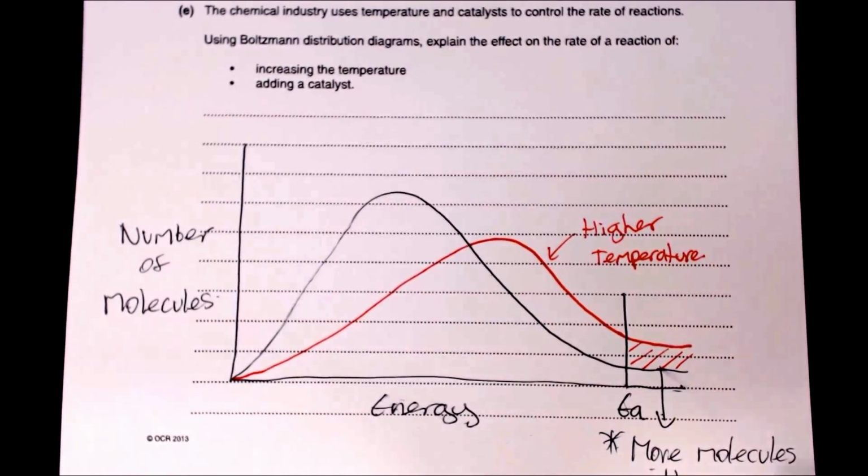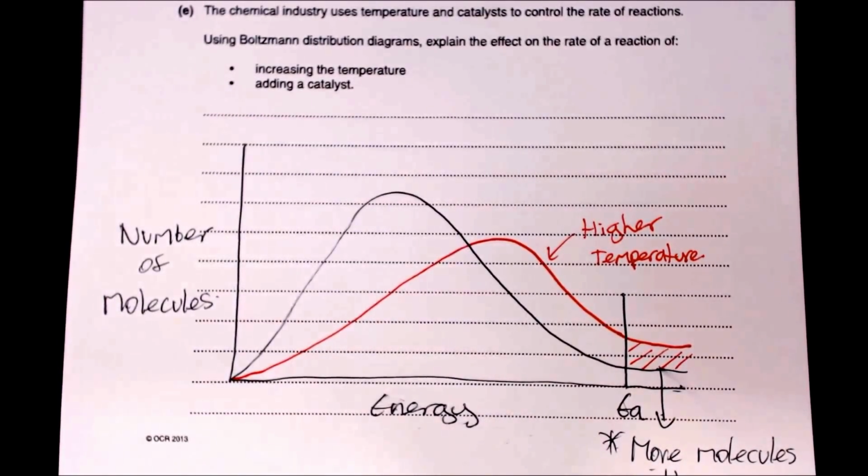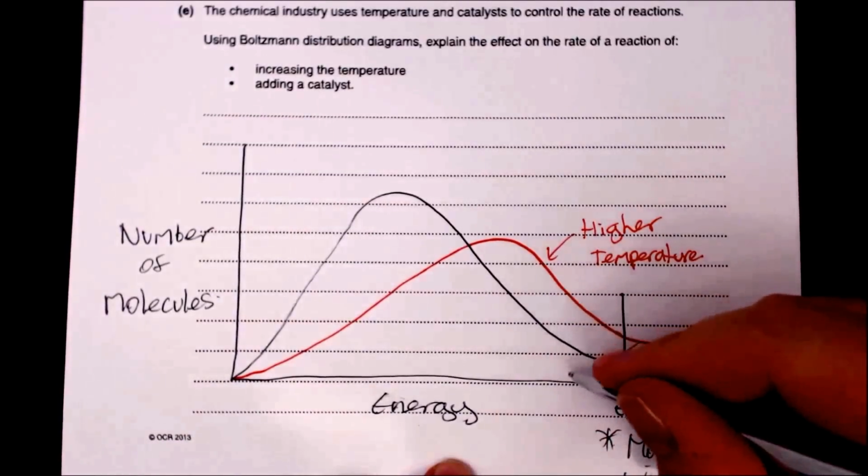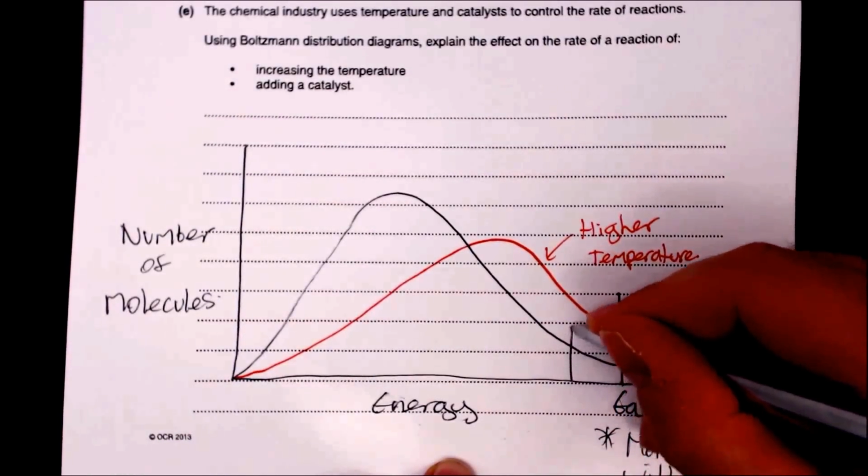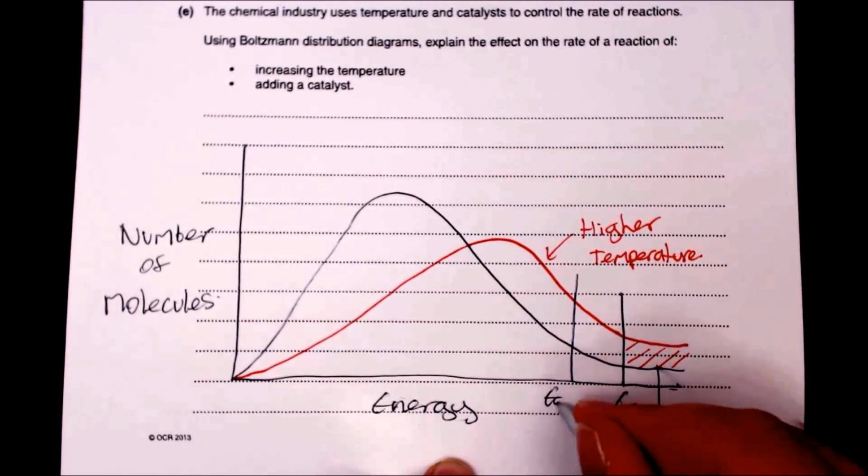Okay, so now what we need to do is we also need to make a comment on adding a catalyst as well. And what a catalyst does is when we add it, it actually lowers the activation energy, and we can show that on our Boltzmann distribution by adding another line. And we're just going to add one here, and we're going to call this EA cat.